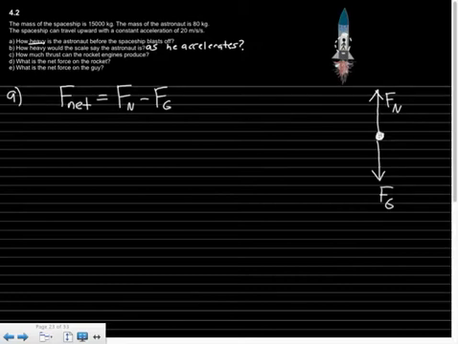But if the spaceship is just sitting there still, the net force is going to be 0 newtons. It equals the normal force, which is unknown yet, minus the force of gravity. The force of gravity is mass times 9.81.